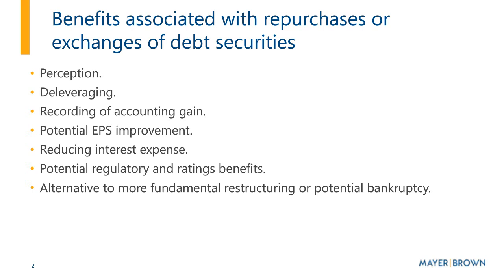For some companies, they may be principally motivated by regulatory or ratings benefits. So for some companies, having tangible equity is very significant from the perspective of their principal regulators. And then, of course, this may be a prelude to a more fundamental recapitalization or restructuring transaction, or for companies in certain sectors to a potential bankruptcy.